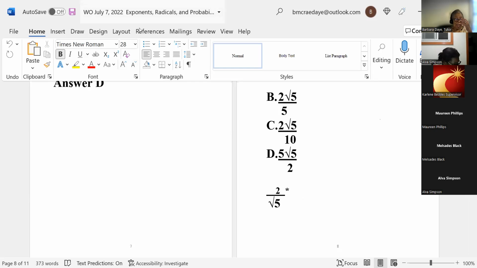So to rationalize, you multiply both numerator and denominator by the radical. So I put the square root of 5 times the 2. And then I put the square root of 5 underneath that because I'm multiplying both numerator and denominator by the square root of 5.